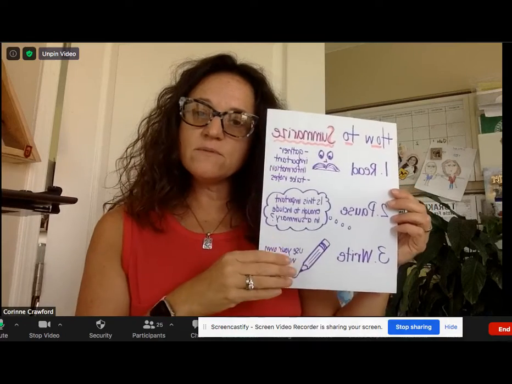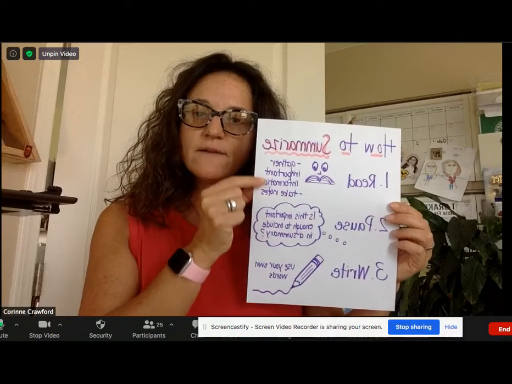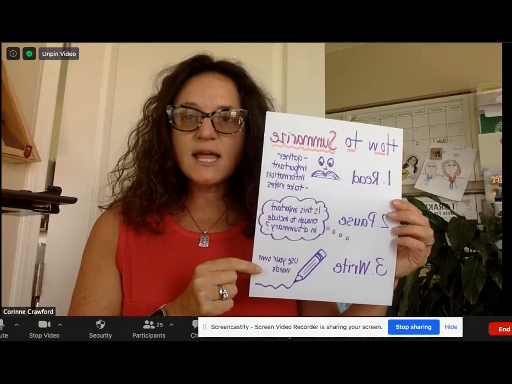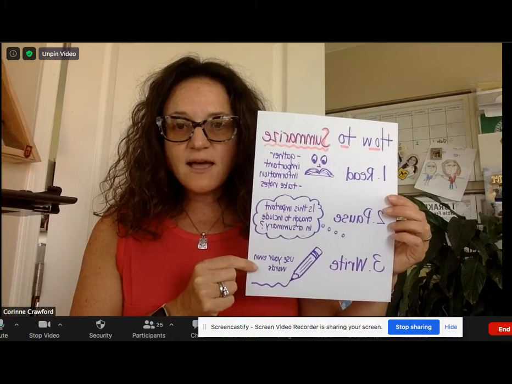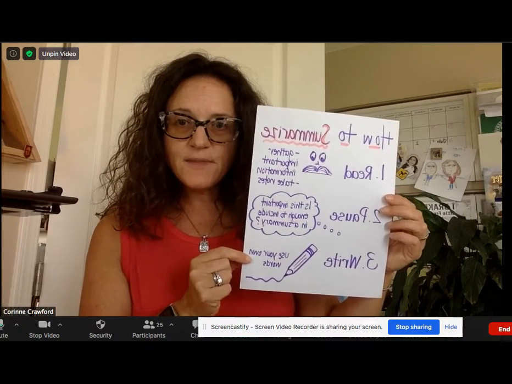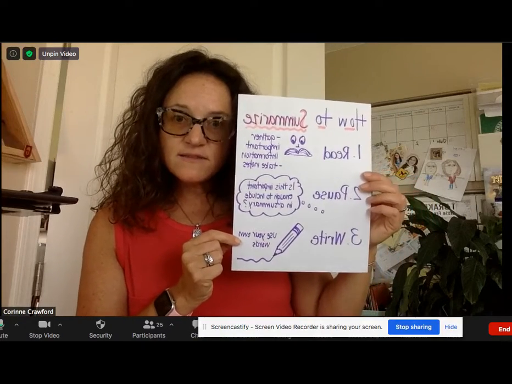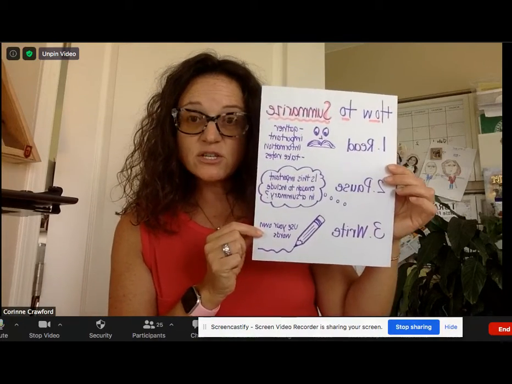Okay, so we want to be really careful to use your own words. So if you're doing a lot of thinking while you're reading, you have a better chance of having your own words in your summary.